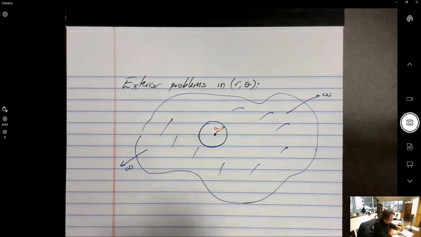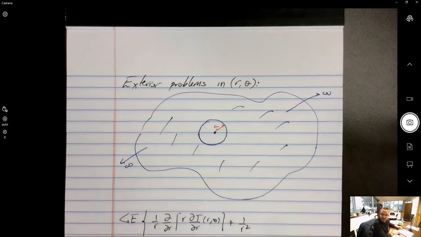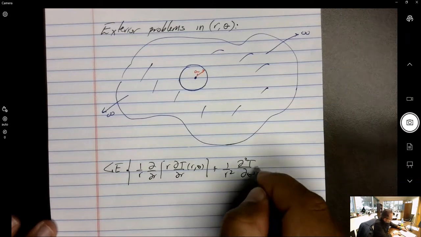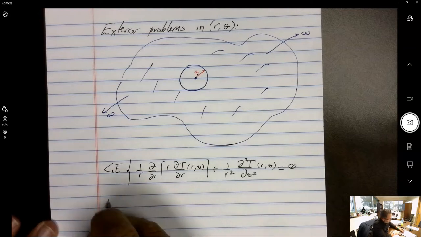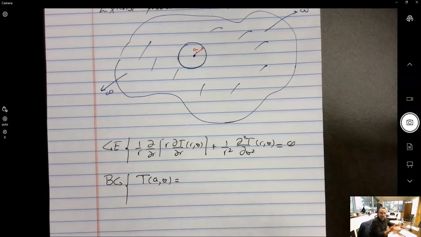So the governing equation for these is exactly the same: 1 over r d dr of r dt dr, which is a function of r and theta, plus 1 over r squared the second derivative of t with respect to theta squared, of r and theta, is equal to 0, with boundary conditions. T at a comma theta is some function of theta.